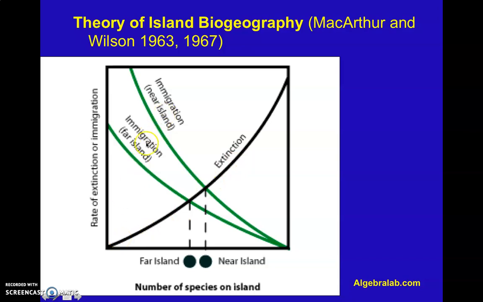And so if these two islands were the same area, the extinction rate would be the same. However, you'll notice that because the immigration rate is higher for the near island than the far island, where it crosses that extinction rate line is happening at a larger number of species than it is for the far island. So the far island is going to have fewer species than the near island.